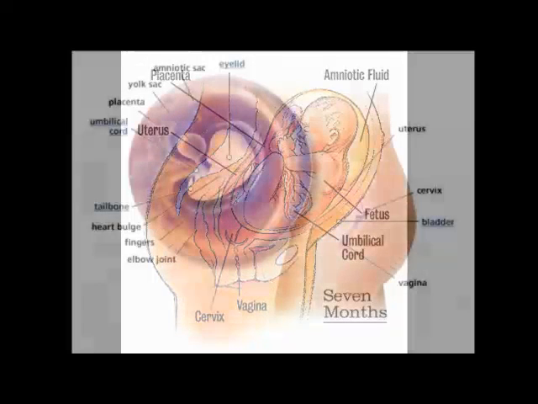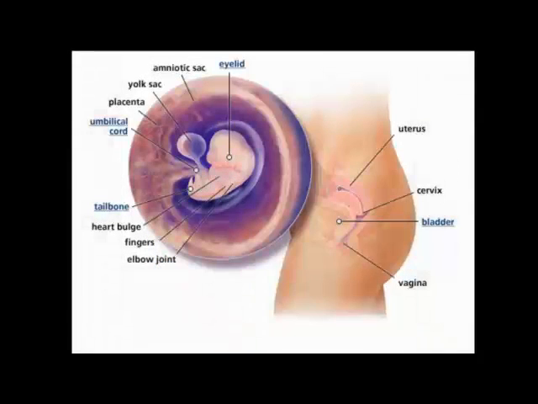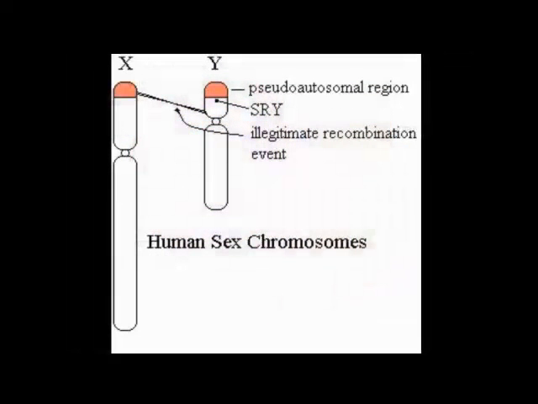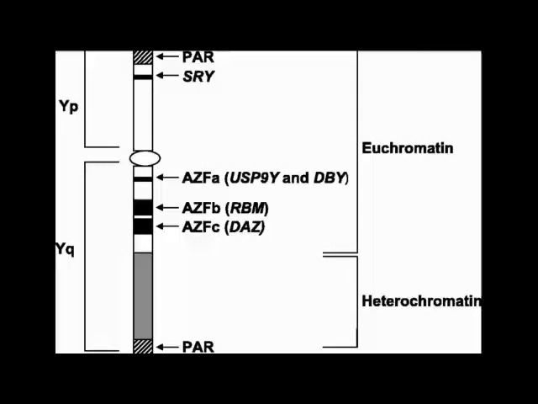SRY is the single gene responsible for sex determination. This gene triggers a chain of reactions that leads to the physical development of a male. SRY masculinizes gonads by coding for production of testis-determining factor, or TDF.